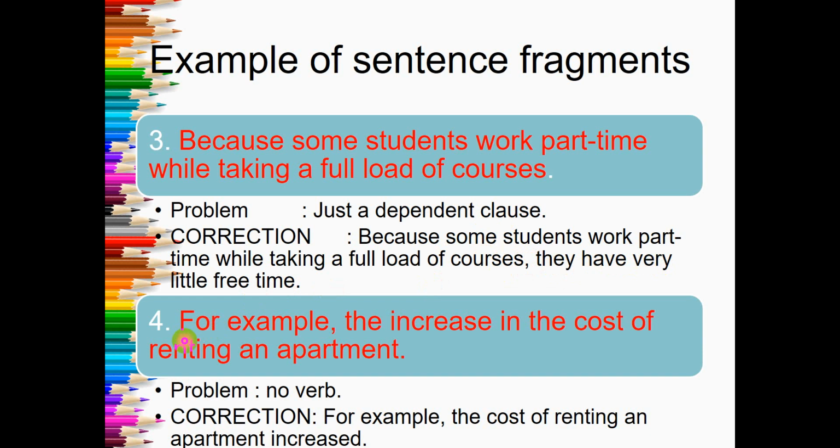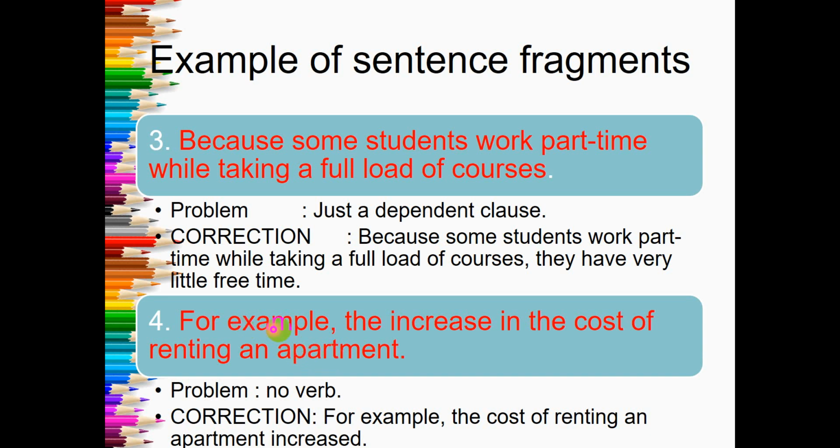Another example of a sentence fragment is like this: "The increase in the cost of renting an apartment." We tend to say this, and it is okay in spoken form because it is clear what is meant, but not in written form.